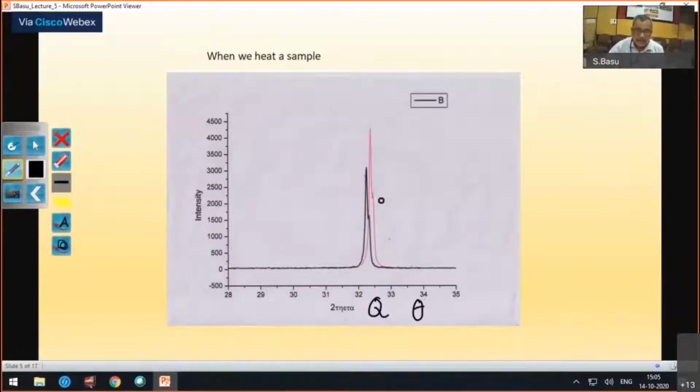The crystal expands, so the peak shifts to lower values, and the peak intensity reduces because of the e to the power minus 1/3 g squared u squared term. You can also see the splitting of the peaks because of the instrumental resolution.